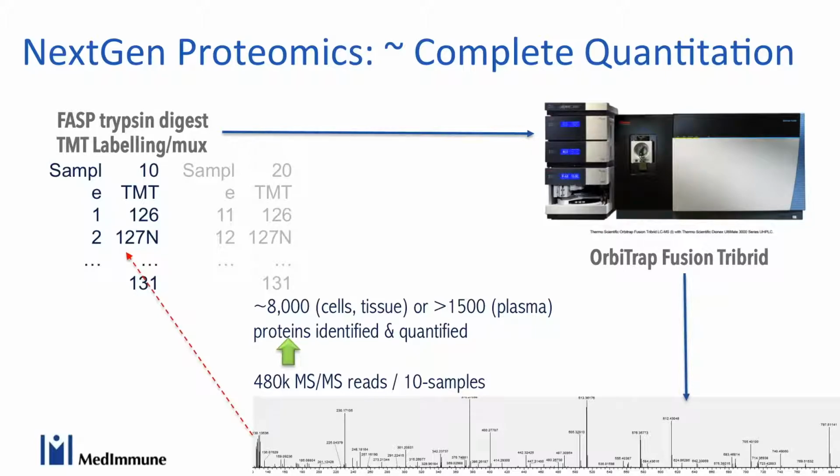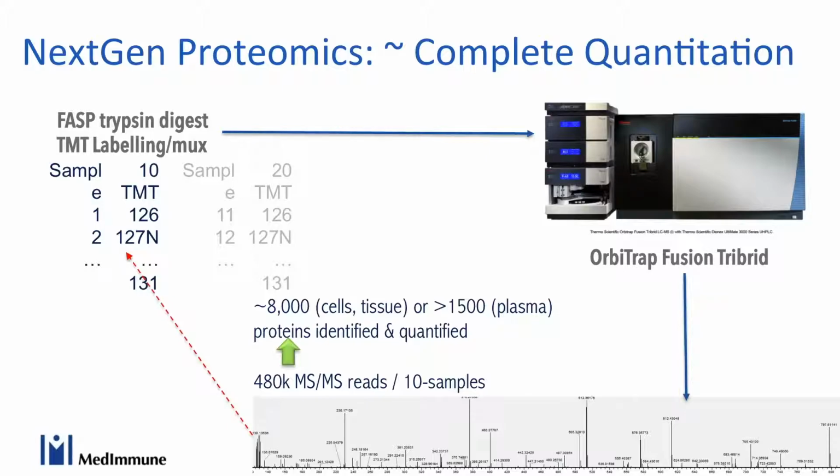With the new instrument we have now, and some novel chemistry where we can barcode the samples, in this case TMT labeling experiments, we have routinely achieved very good coverage of biological systems. For cell line-based systems, you are looking at 8,000 proteins or so. So that's practically approaching full proteomes.